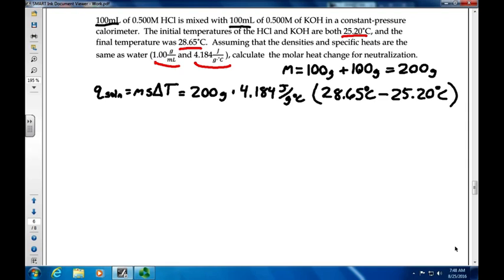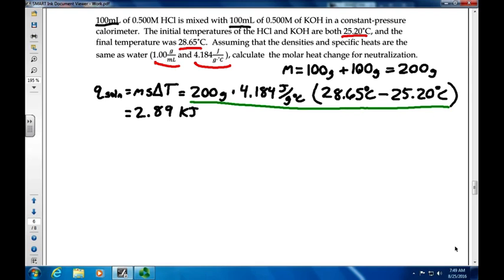When you do the arithmetic out, you will find that our heat of solution is 2.89 kilojoules. I'm going to skip the step of kilojoules, but you can go ahead and do this because this whole equation is going to result in joules. So you're going to want to do the conversion of 1 kilojoule per 1,000 joules.